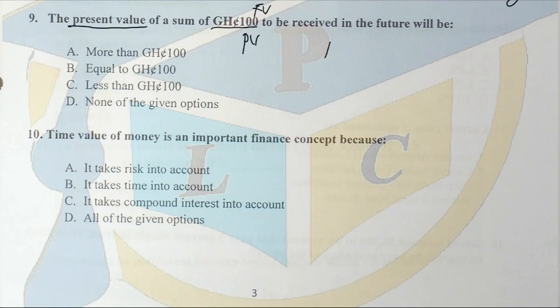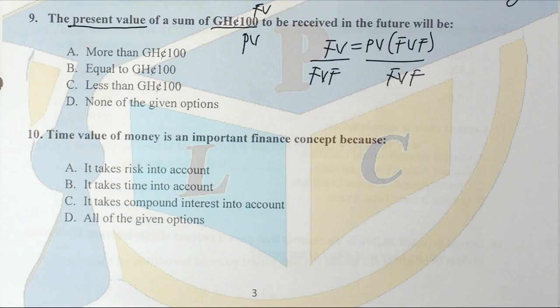We said that to find the future value, it is the present value multiplied by the future value factor. Is that okay? So if I want to find my present value, I will divide the future value by the future value factor, dividing on both sides. So all things being equal, your present value is going to be less than your future value.